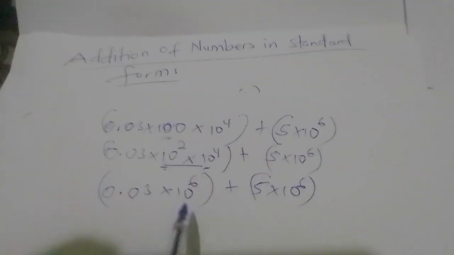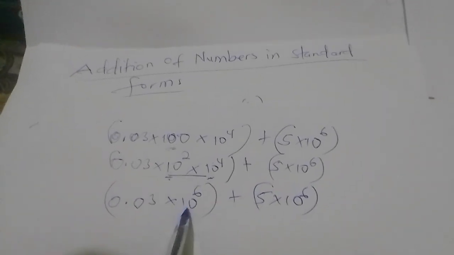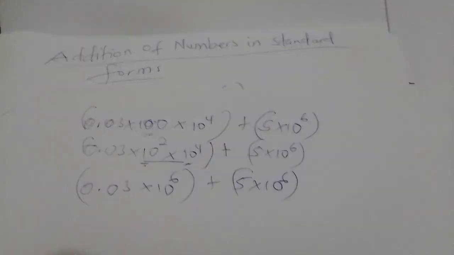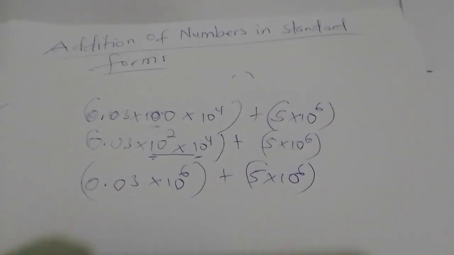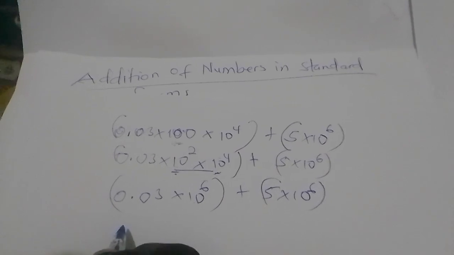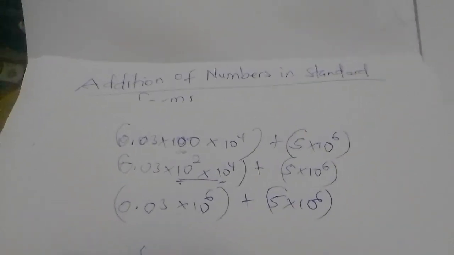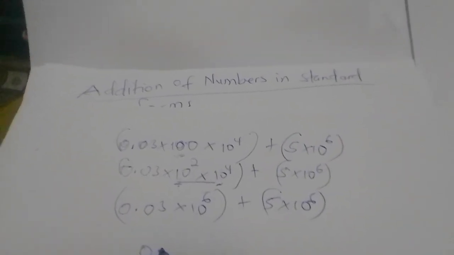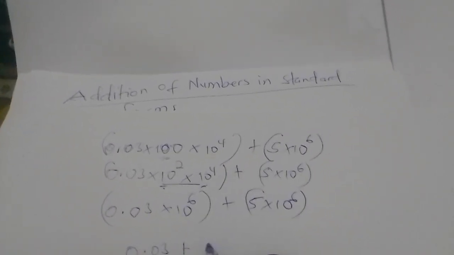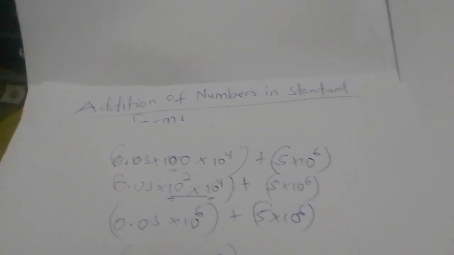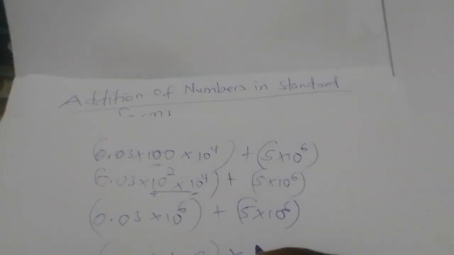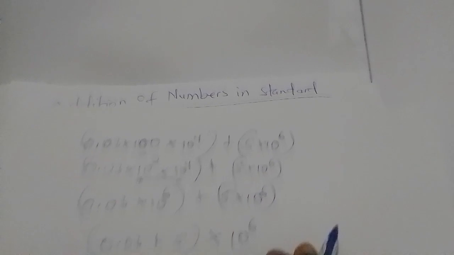Now, what do we do now? We have gotten 10 to the power 6 and 10 to the power 6. Then we can factorize the 10 out, okay? Now, we will do this one. So, we have 0.03 plus 5, all in bracket or parenthesis, times, we are going to factorize 10 to the power 6, okay?